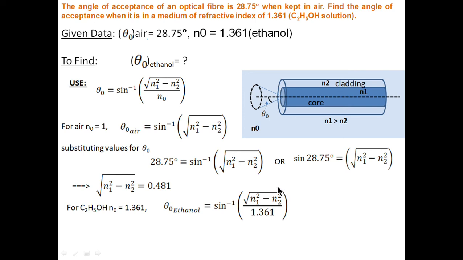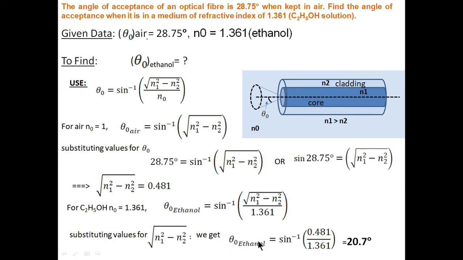Earlier, dividing by 1 made no change, so you can put the value safely. Substituting, theta naught in ethanol equals sine inverse of 0.481 divided by 1.361, which is equal to 20.7 degrees. So you have the value.